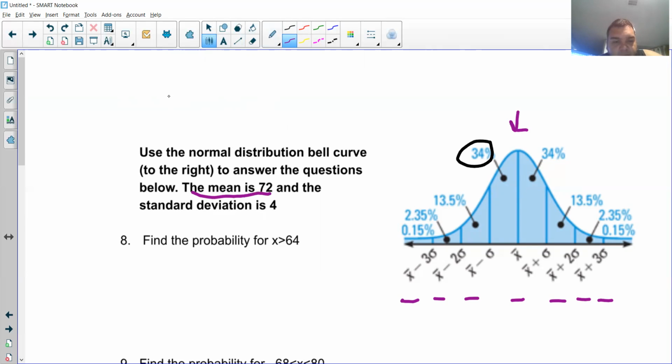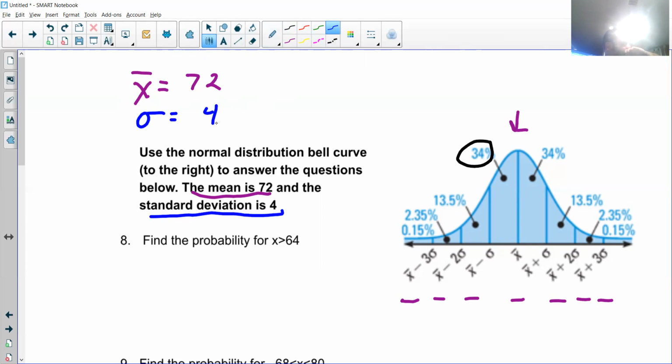The mean, or if you know it, the X bar, is 72. And the standard deviation, which is the sigma, is 4. So first thing we're going to have to do is fill in this table or this curve.